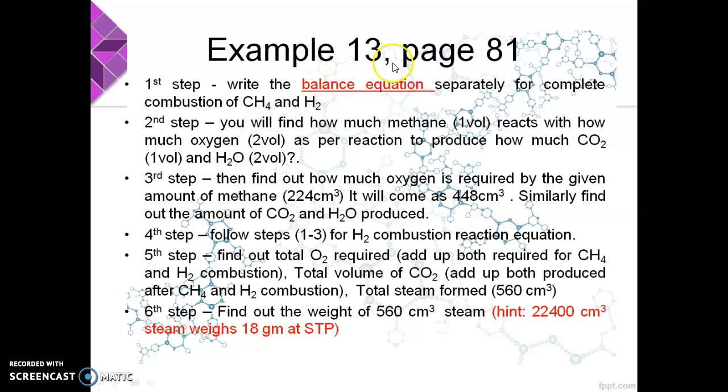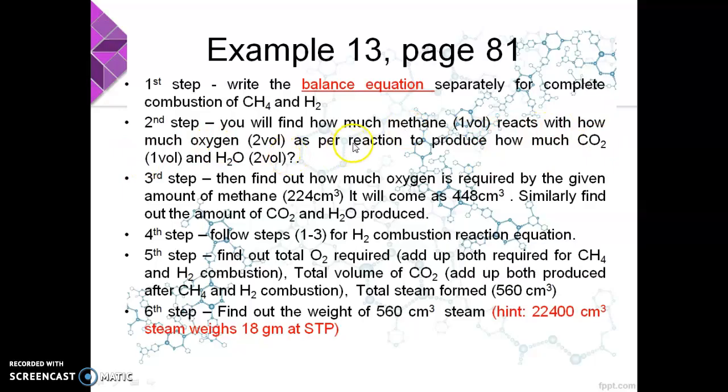Now go to example 13 of page 81. First, write the balanced equation separately for complete combustion of CH4 and H2. Means CH4 plus O2 gives you CO2 plus H2O. Here H2 plus O2 gives you H2O. Then you find out how much methane reacts with how much oxygen.